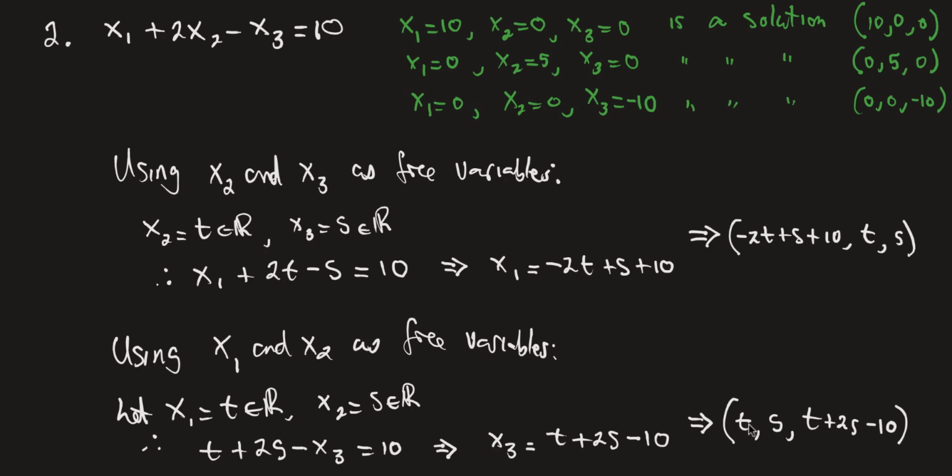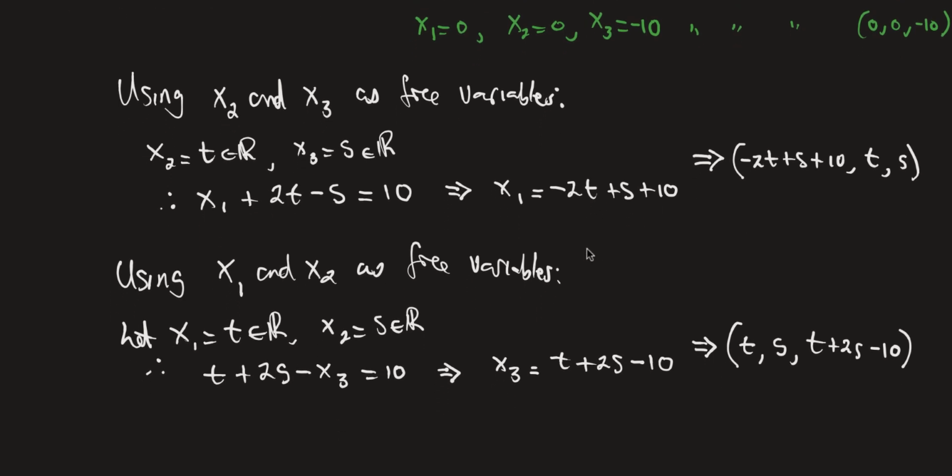Similarly, if I now assign t a value of 0 and s a value of 5, doing that algebra gives me a value of 0, right? And just to show you that we can use lots of different combinations here.